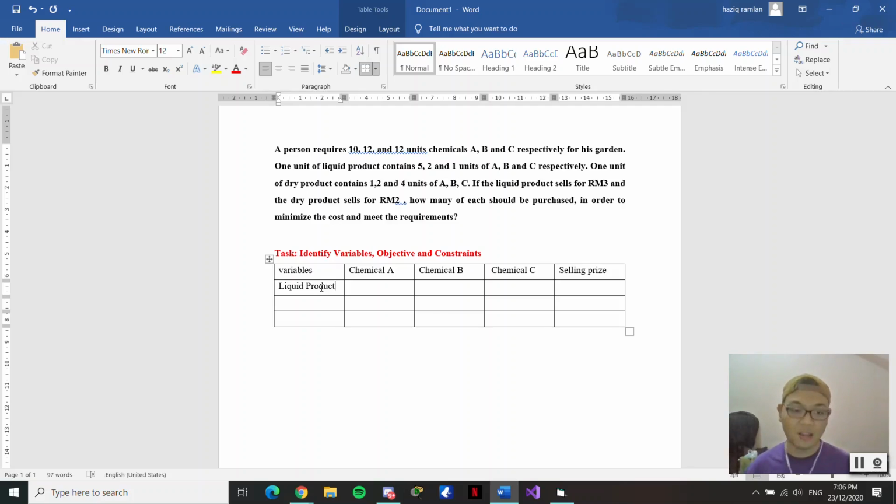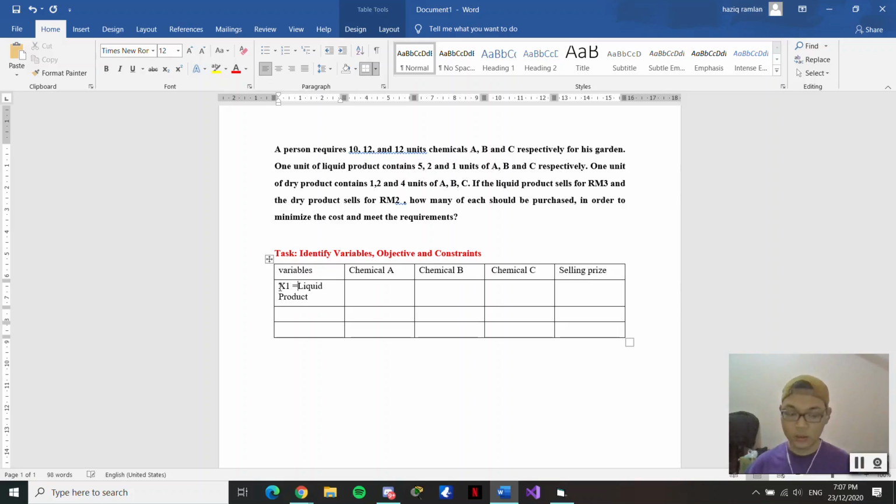I'm just going to name it, it's as simple as that, because we're going to do a linear equation and put it on the programming Torah. So it's best for us to put the variables as names. I'm going to put x1 equals liquid products. Bear this in mind: x1 means liquid product. You can name it anyhow you want.